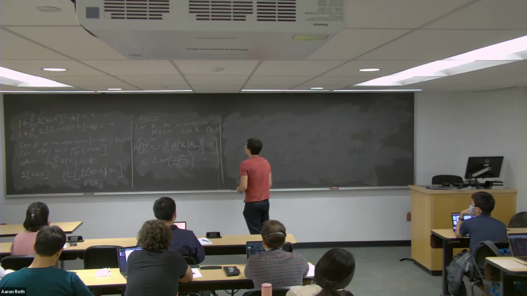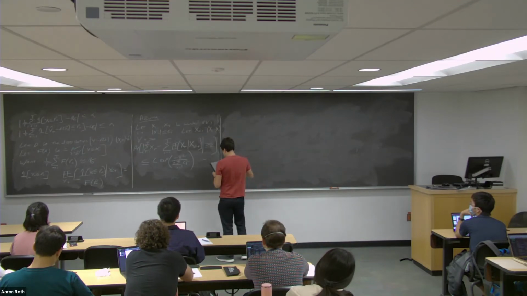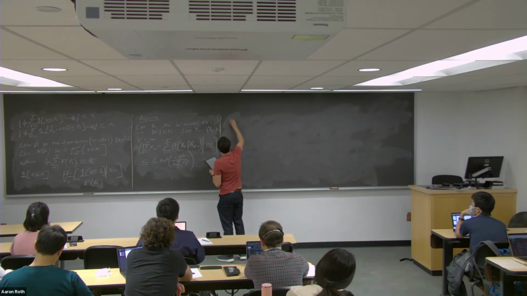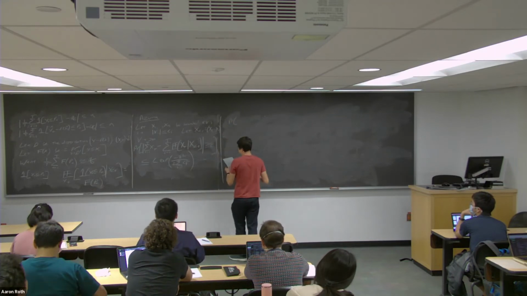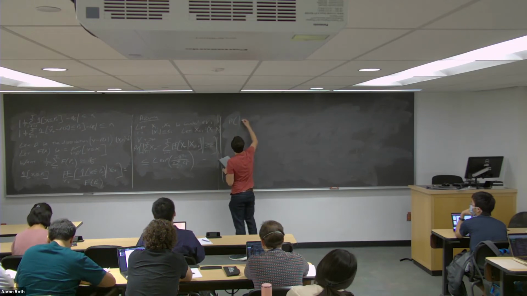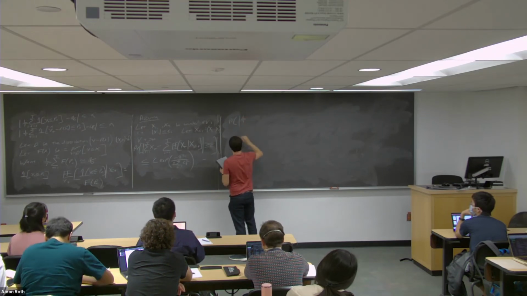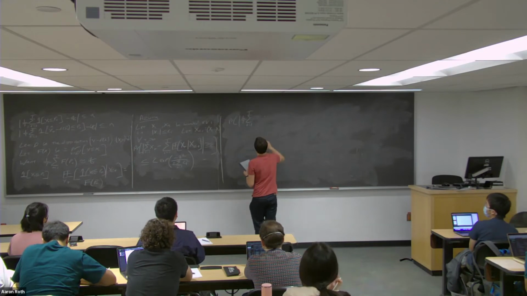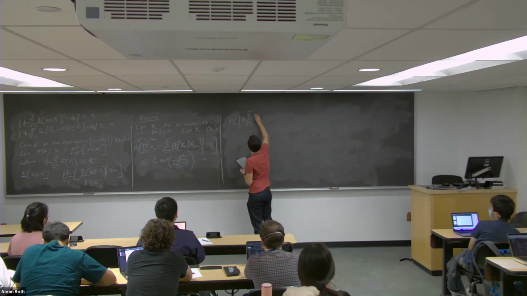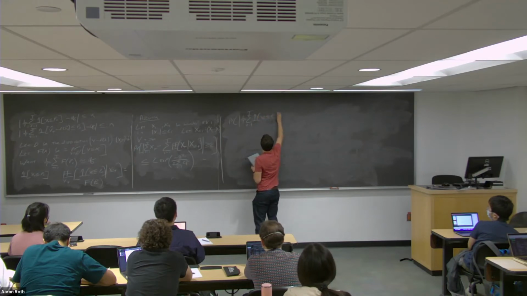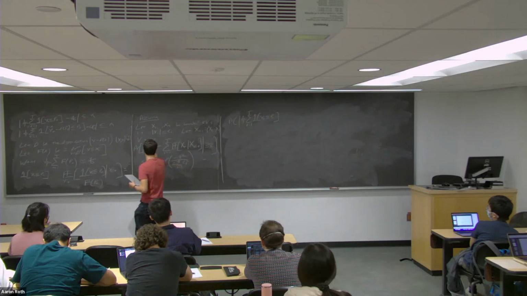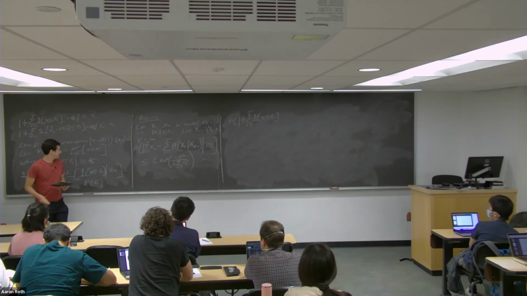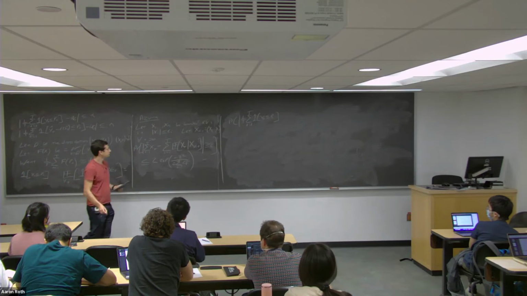Okay, so I can apply Azuma's inequality, and I can get that the probability that the empirical average, the empirical frequency with which prediction PT was larger than the label, okay? That's the average of the realizations of these random variables.